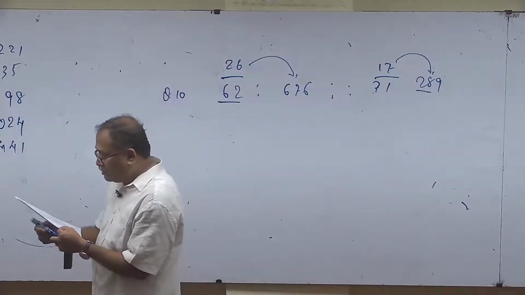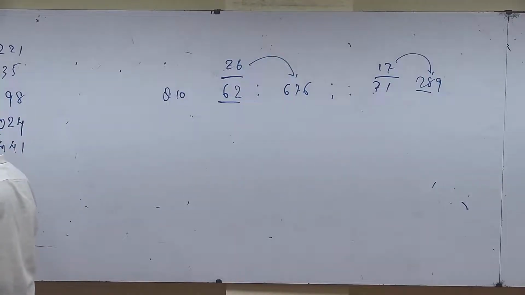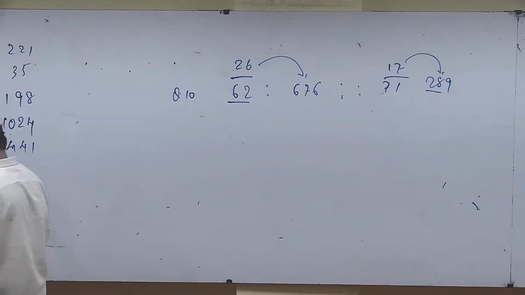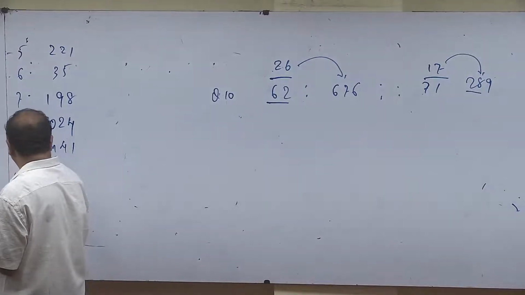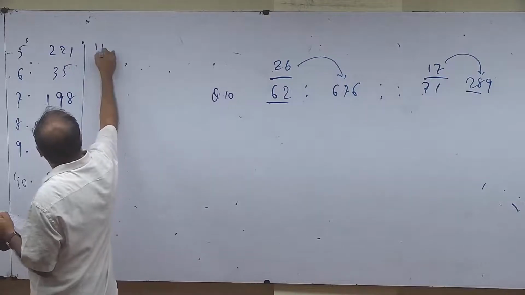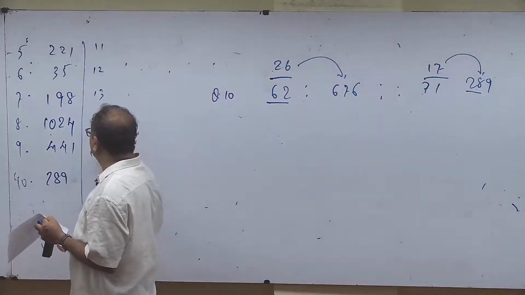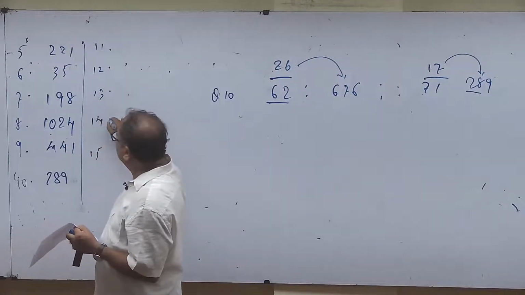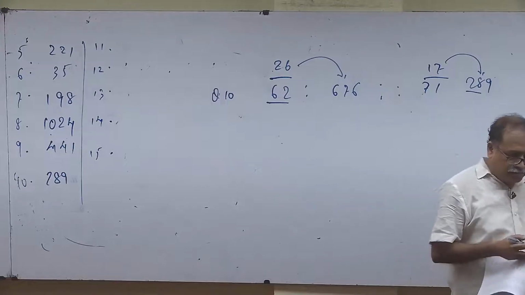So here question number 10, our option is A. That's 289. Up to 15.